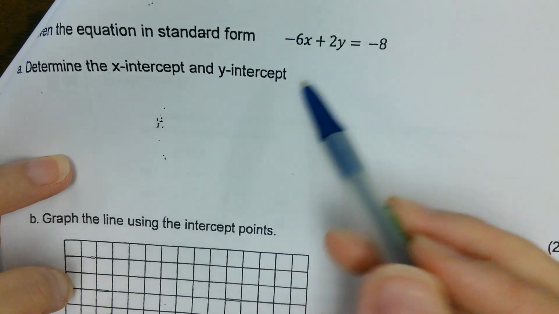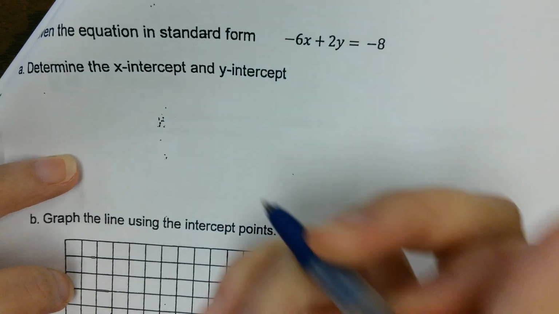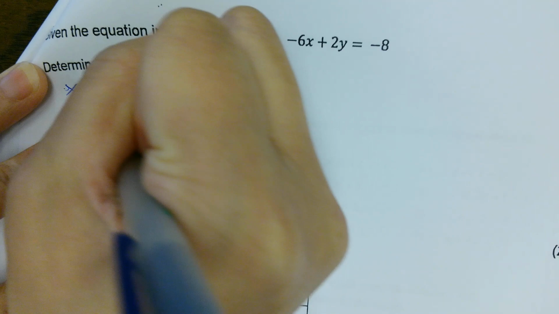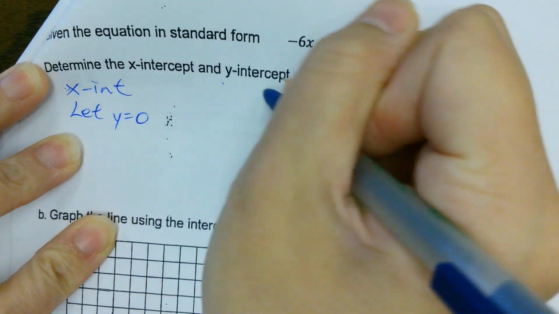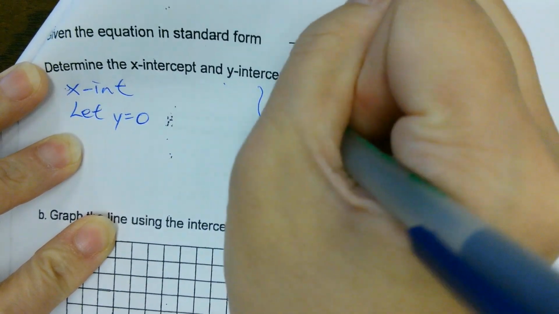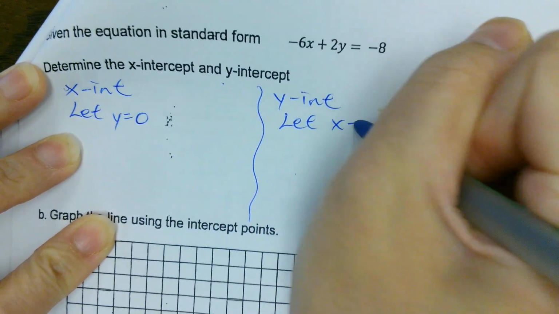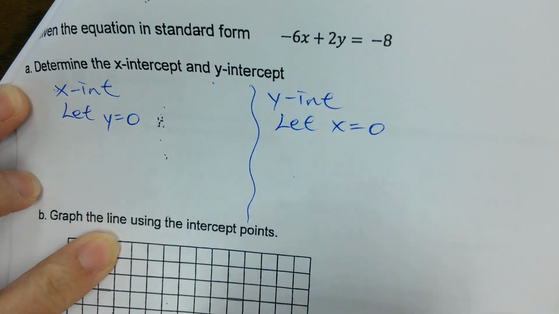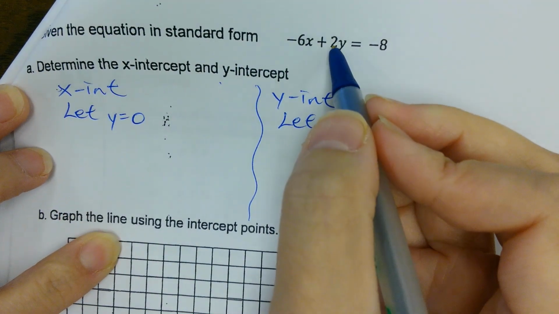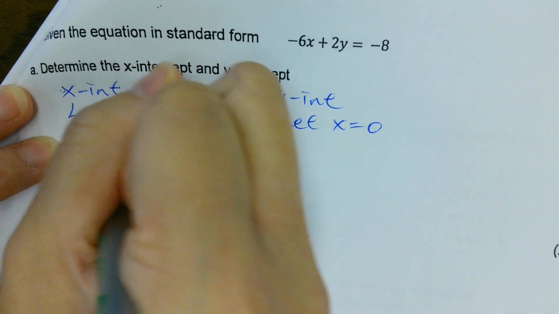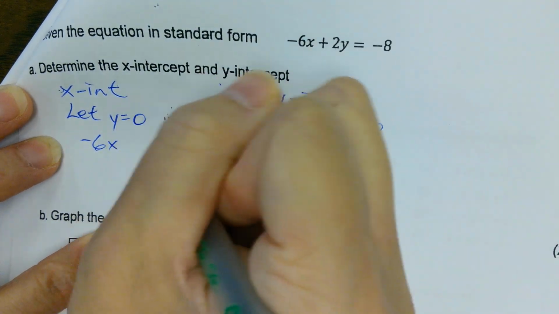Find the x and y intercepts. How do I find x and y intercept? To find the x-intercept, you let y equal 0. When y is 0, that term is gone, so you're left with negative 6x equals negative 8.